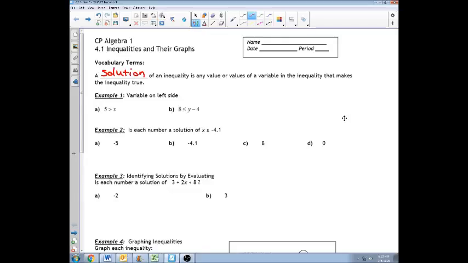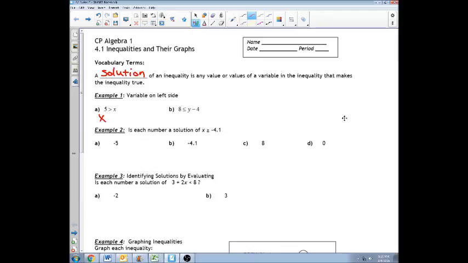Okay. Example 1, variable on the left side. What I tend to like to do when I have a variable on my right side is I want to get it to the left. In order to do that, I need to make sure that the inequality sign stays facing my variable. So in this case, the mouth is facing the 5.